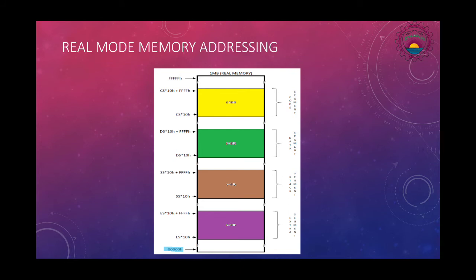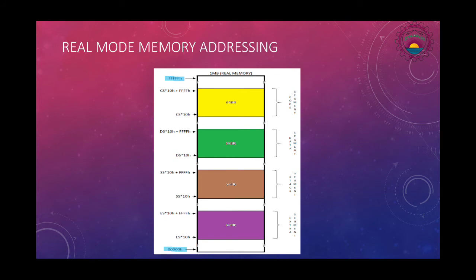In hexadecimal that will be 00000 hex. And the maximum address generated by microprocessor may be 20 ones, and that will be in hexadecimal FFFFFH. So that is the boundary of addresses.